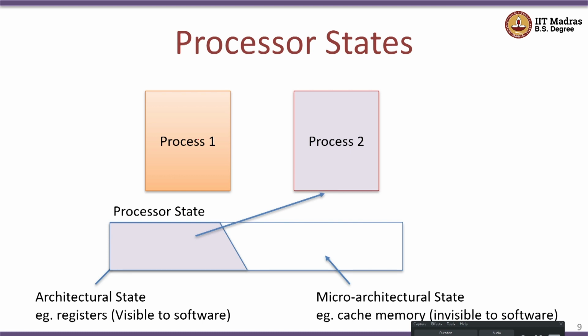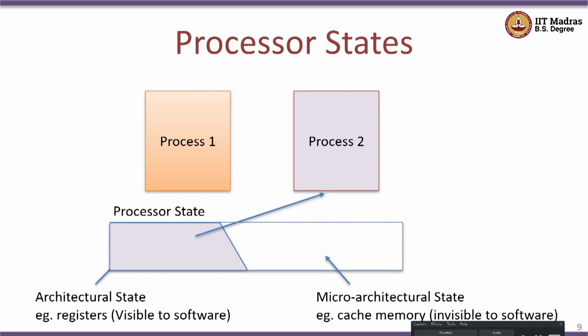So, in other words, when context switching from one process to another, the operating system, because the OS is present in the software, is only able to access the architectural state comprising these various registers.